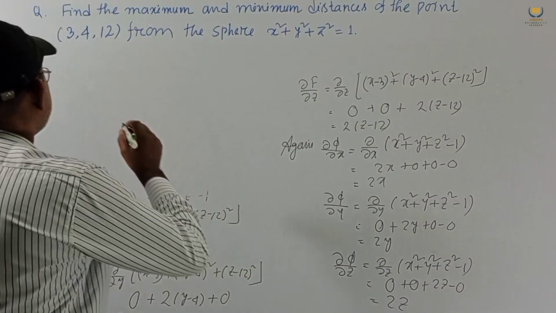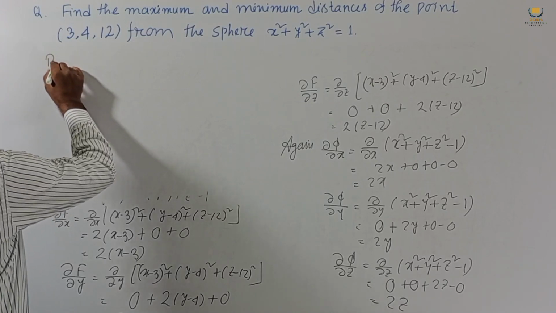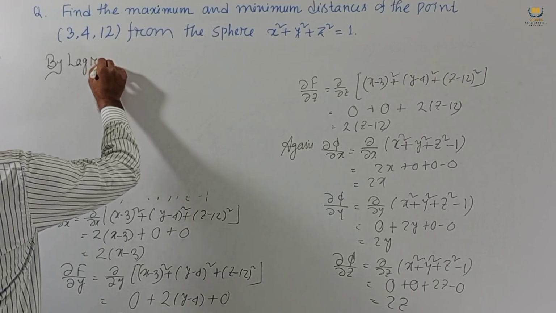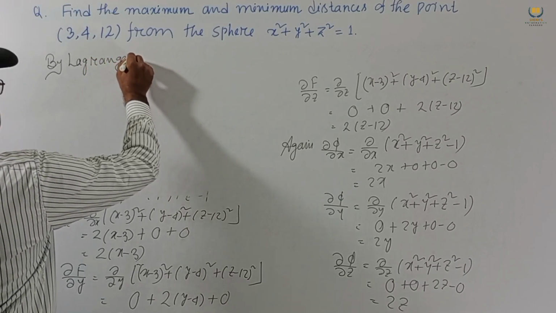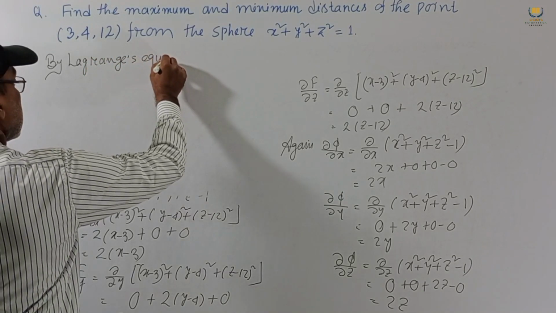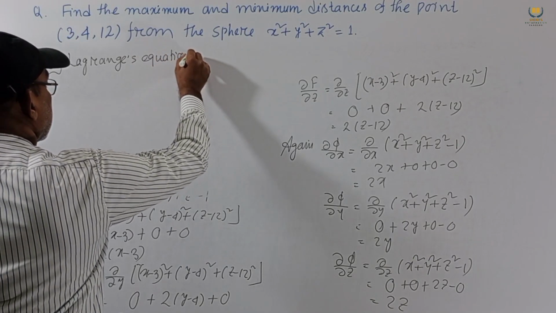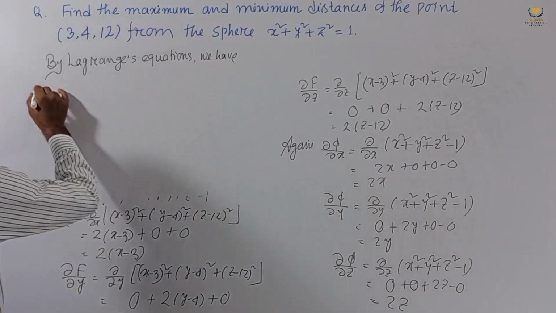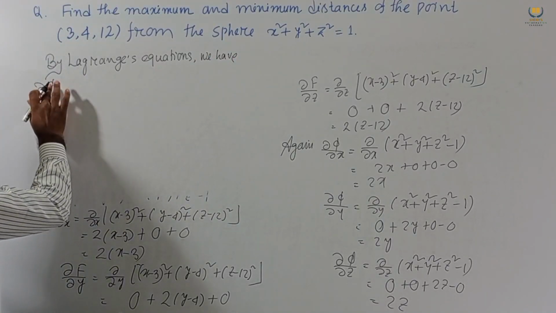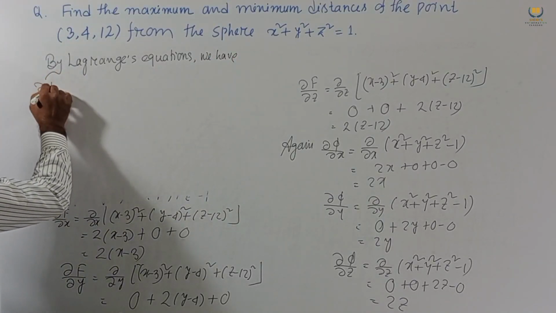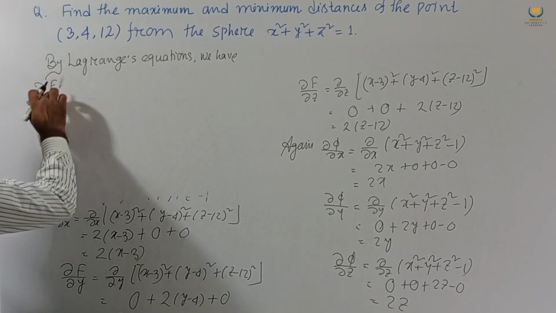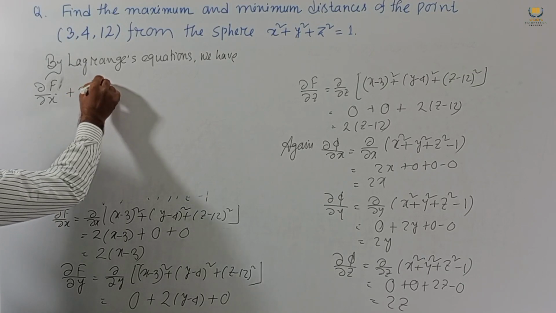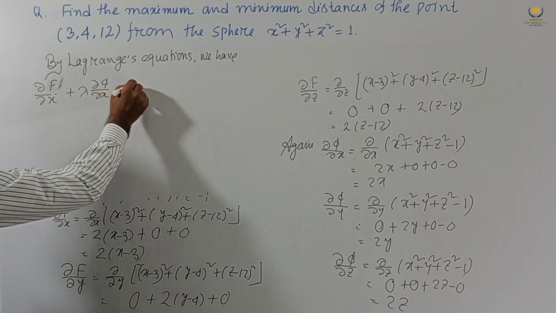Now by the Lagrange equations, we have del f by del x plus lambda del phi by del x equal to 0.